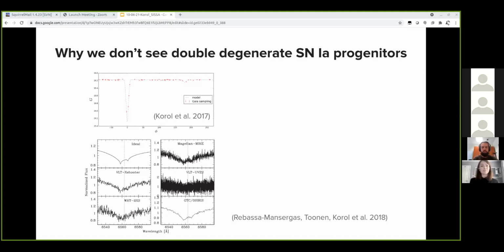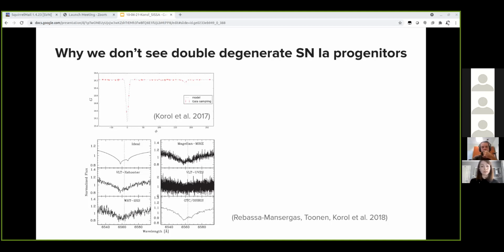Now, if we go to the spectroscopy, here you see on the slide the H alpha line in a double white dwarf spectra. And specifically the top left panel on this slide is showing you the ideal case.